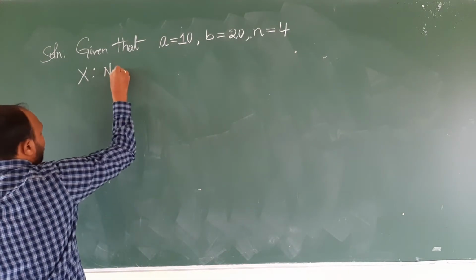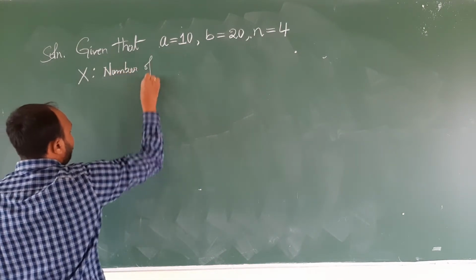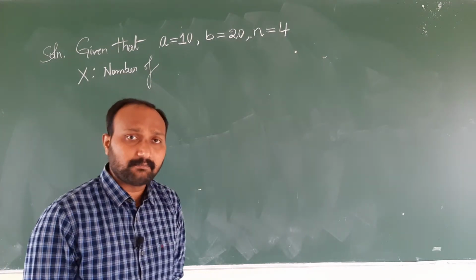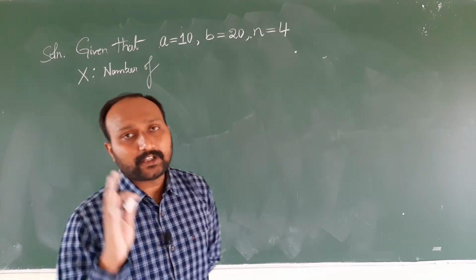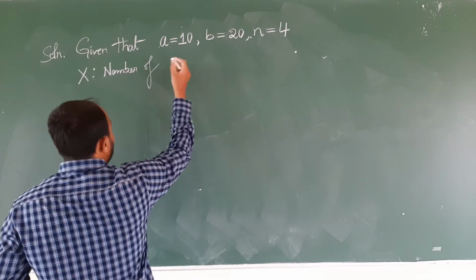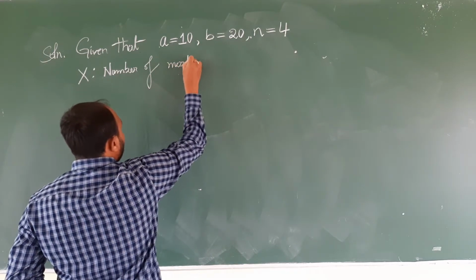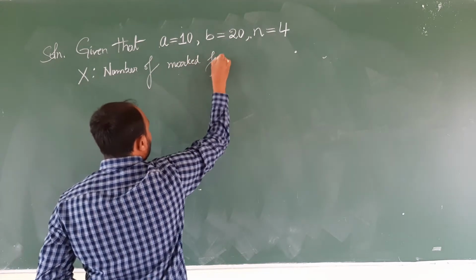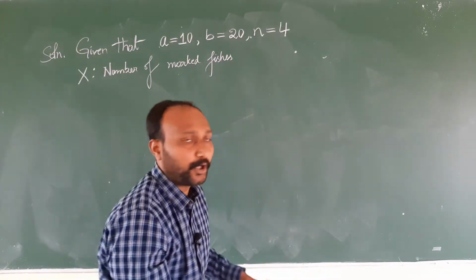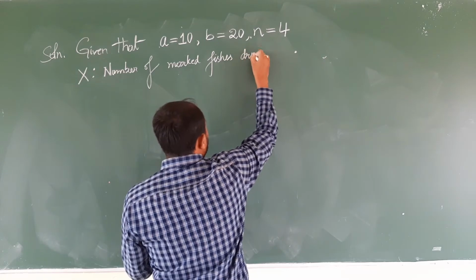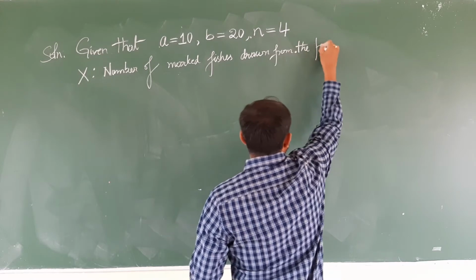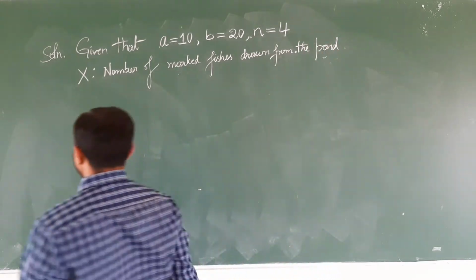X indicates the number of marked fishes drawn from the pond. I hope you are understanding this.